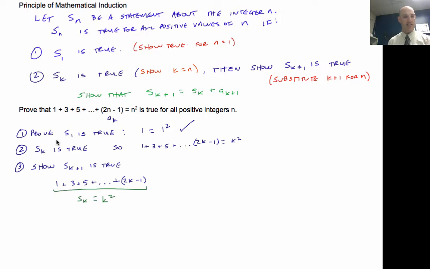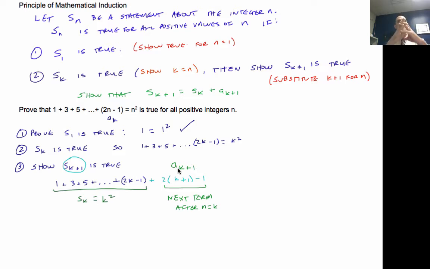But what I need to add to that to prove that k plus 1 is true is plus 2 times k plus 1 minus 1. This is the next term after n equals k, a sub k plus 1.